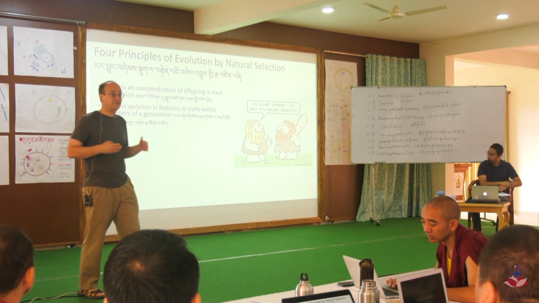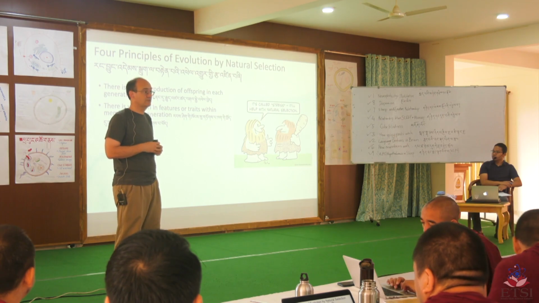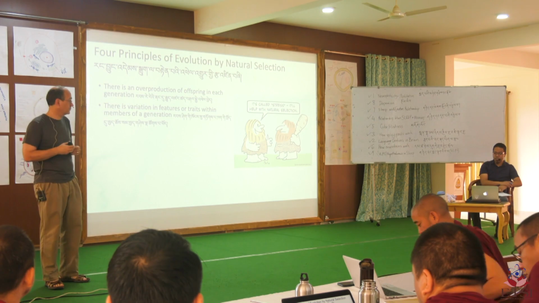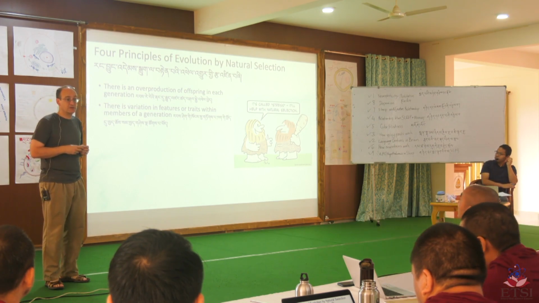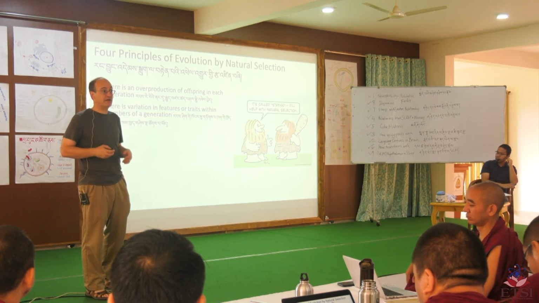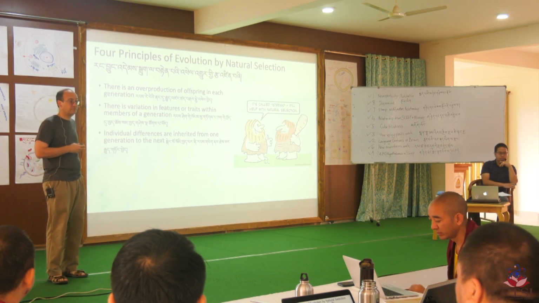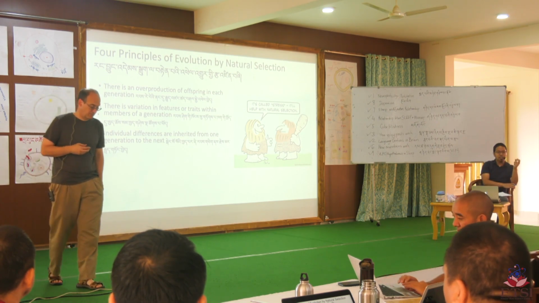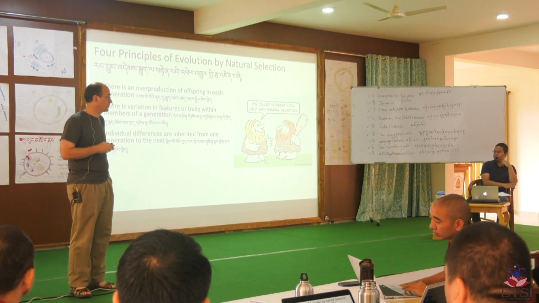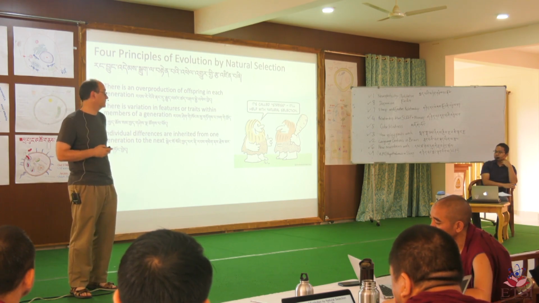And then different individuals have different individual traits, so that some might be able to survive and reproduce better than others. And those individual differences are passed on to offspring.